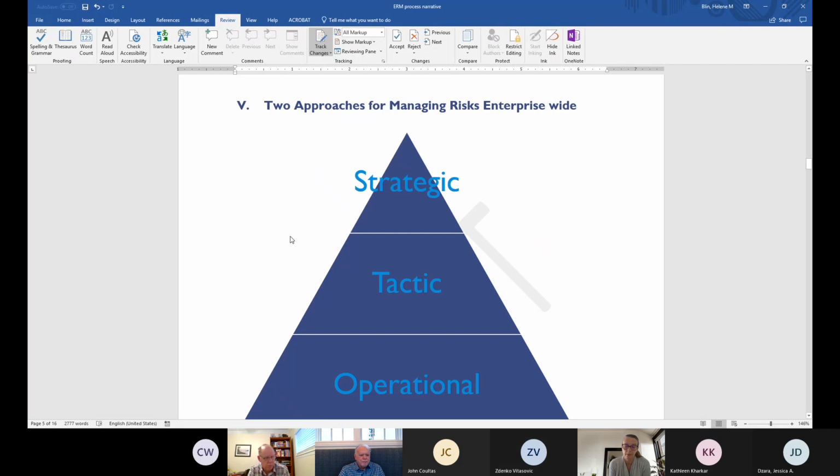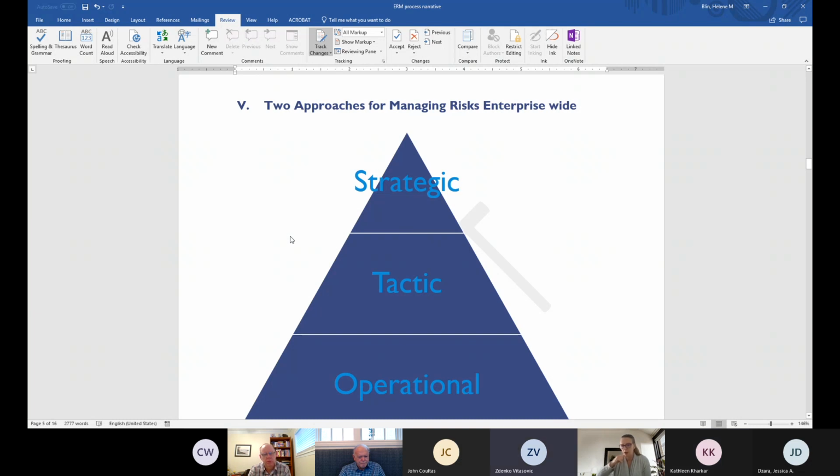So for us, as you've seen in my previous presentations on WSSC Water, operational is everything that is below asset management. So all the sections in asset management, the plants, the projects, for example the hydraulic section in engineering, the piping section in engineering, etc. The tactic level is the level of the department director, meaning the chief procurement officer, the chief engineer officer, etc. And the strategic level is the layer above, which is the GM and the CEO.